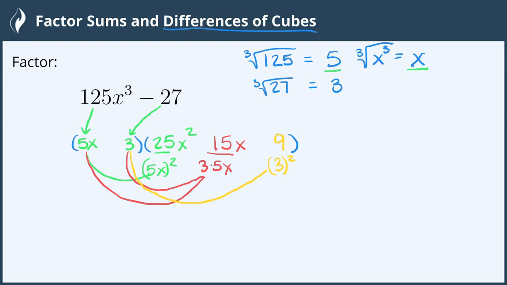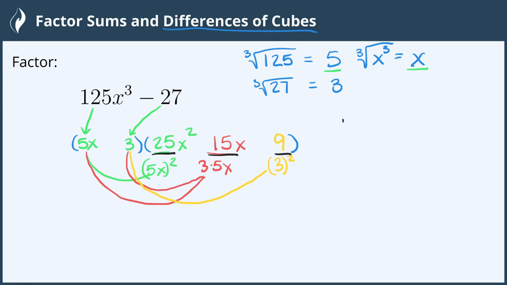Now we have all the terms in the binomial and the trinomial, so now we need to fill in all of the signs, and this is the same for both the sum and the difference of cubes. We take the cube root of both of them to put in our binomial, and then for our trinomial, we square the first one, get a product of the two, and then square the last one.